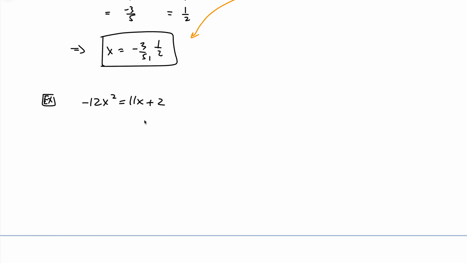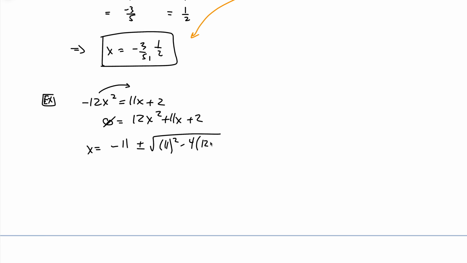So this becomes, if I move it all to the right, which seems pretty beneficial to me because I already have 2 terms on the right, I send this guy over: 12x squared plus 11x plus 2, that's all going to equal 0. Okay, now I use the quadratic formula. So I get negative b, negative 11, plus or minus the square root of b squared minus 4ac, all over 2a.